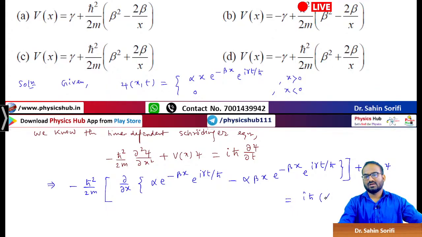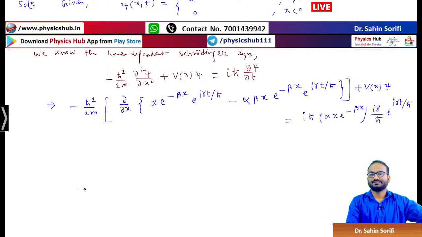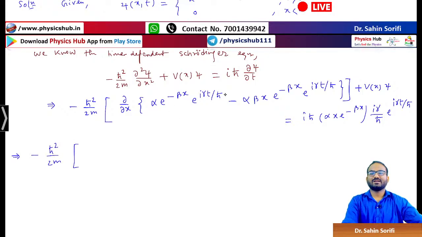So the alpha x e to the power minus beta x related part is not affected, e to the power i gamma t by h cut, so i gamma by h cut e to the power i gamma t by h cut. This is equals to minus h cut square by 2m. Now this e to the power i gamma t by h cut is not dependent on x, so we can keep it outside.